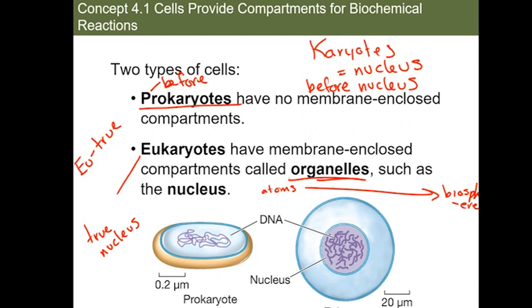So it's about right here on our organizational levels. Organelles are just things like nucleus, chloroplasts, mitochondria. Prokaryotes do not have organelles. Eukaryotes do.